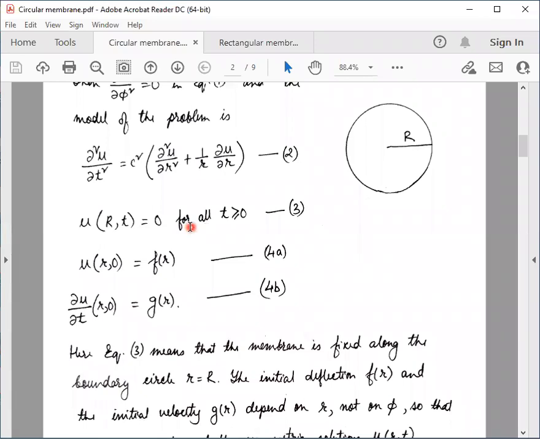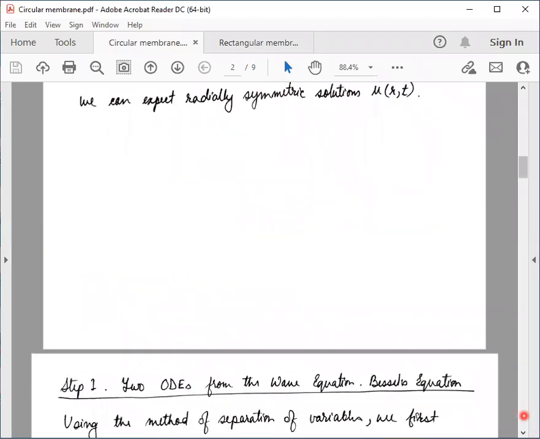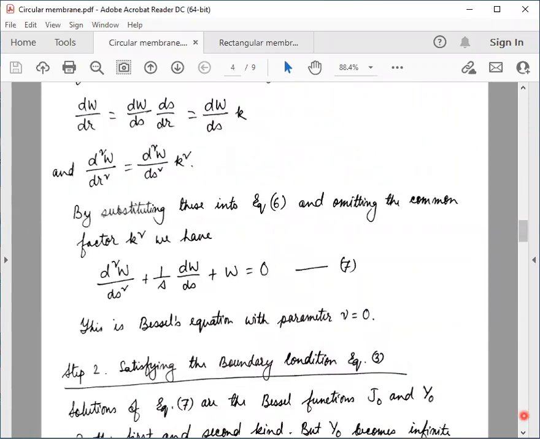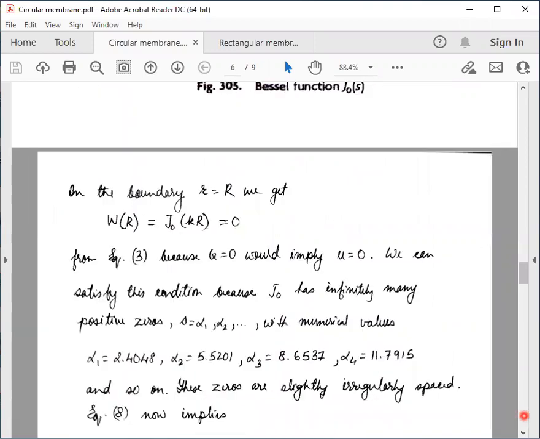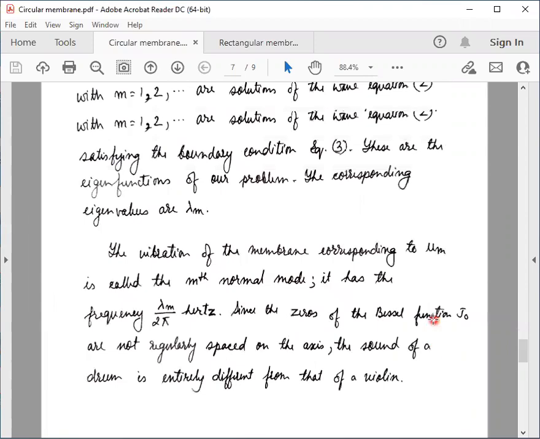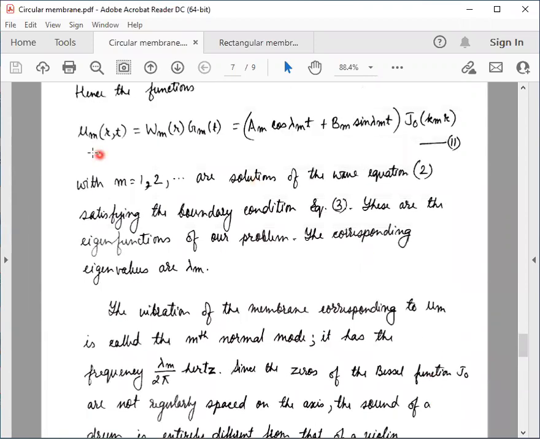Now what remains to be done is to find solutions which satisfy the boundary condition as well as the initial conditions. So first, let us study the properties of functions satisfying the boundary conditions. So these are the functions satisfying the wave equation along with the boundary condition, and these are the eigenfunctions of our problem.